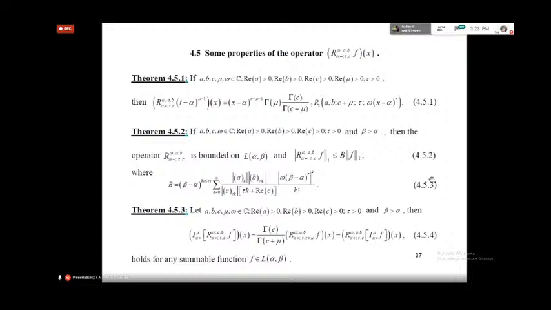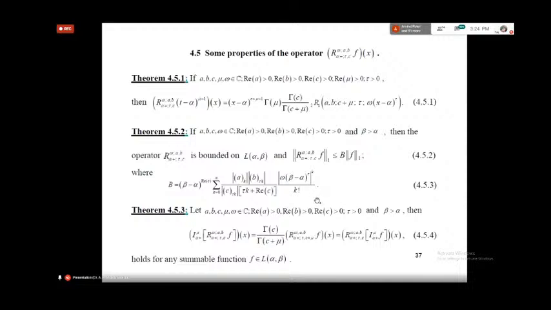Similarly here, by this, then it is bounded. This must be bounded on alpha beta. That is for the level, and here by imposing the condition of this one, this is 4.5.2, and we have this condition 2.